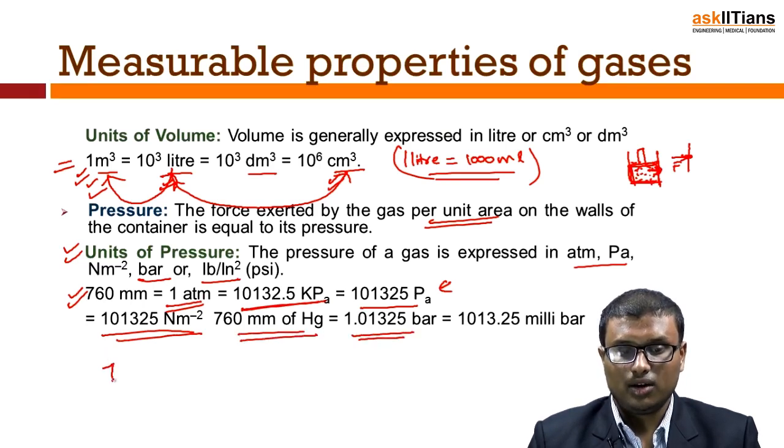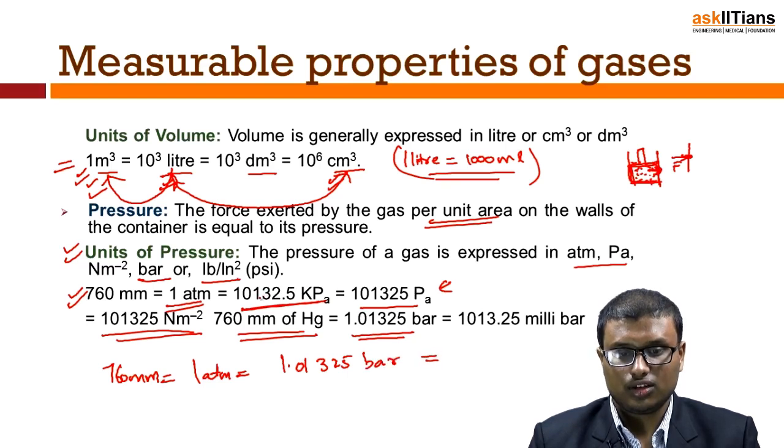Remember this very important thing: 760 mm Hg is equal to 1 atm, which is equal to 1.01325 bar, which is equal to 101.325 kilopascal.